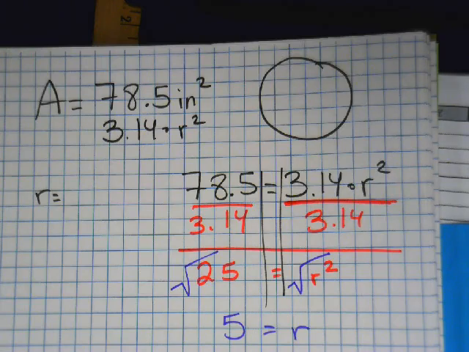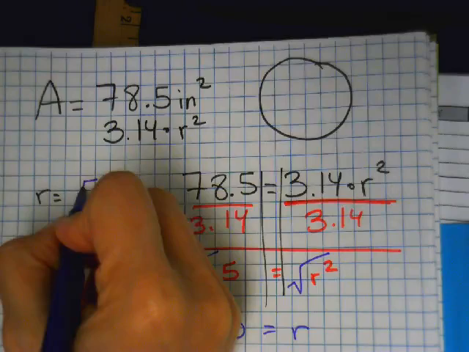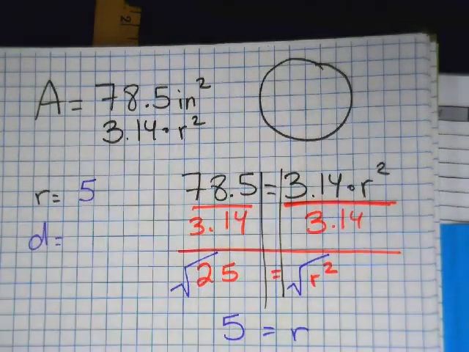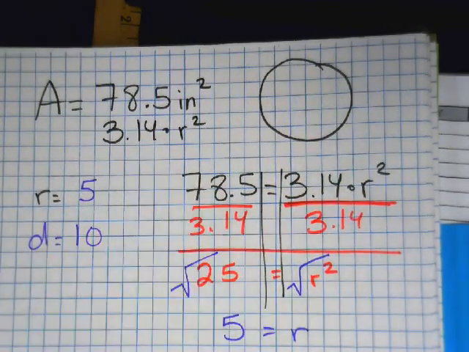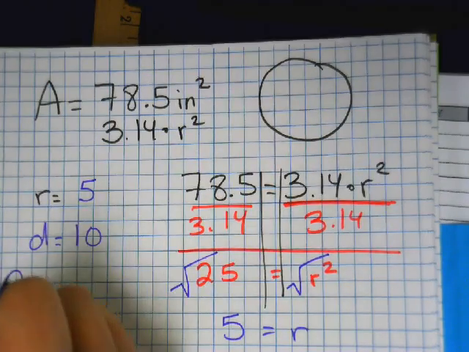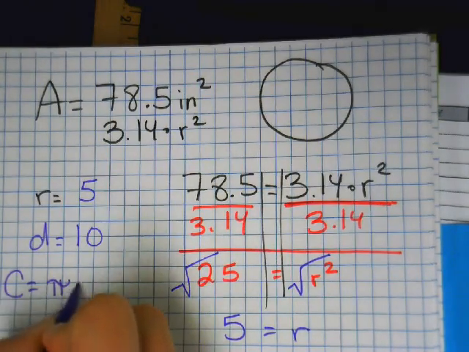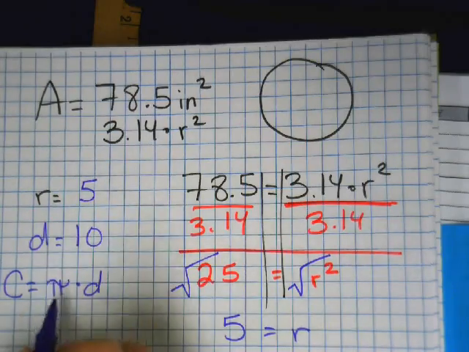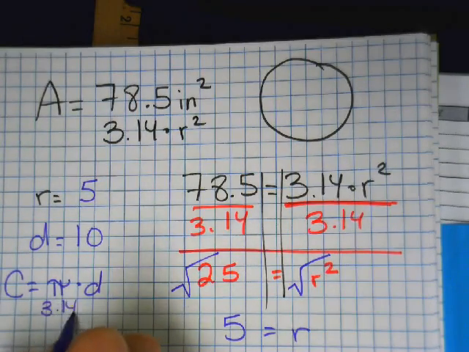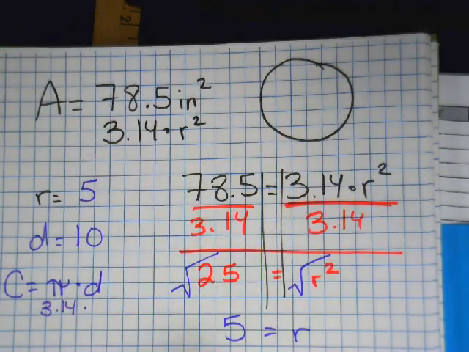So what would be the radius? 5. What would be the diameter? 10. What would be the circumference? Pi times d. What's pi? 3.14. What's d? 10.